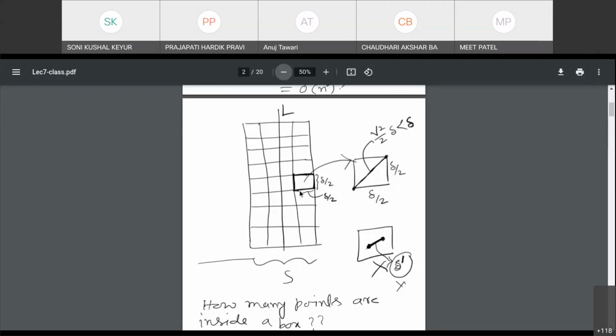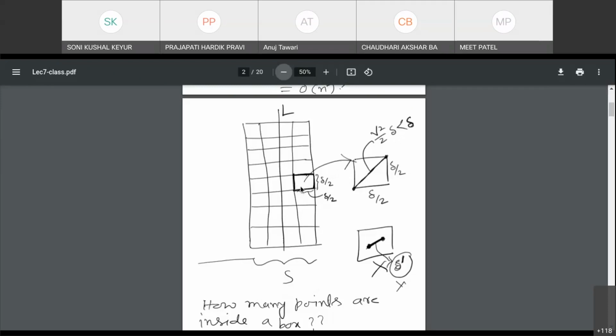Yeah. So we had the squares of side delta by 2, okay? And then we picked any two points inside a square and looked at the maximum distance between these two points. That came out to be square root 2 by 2 times delta, which is always less than delta, okay?